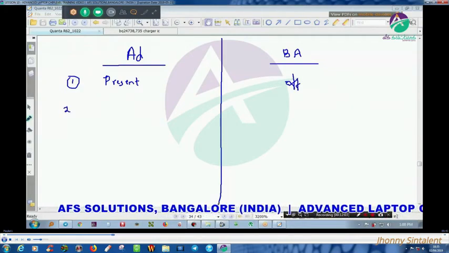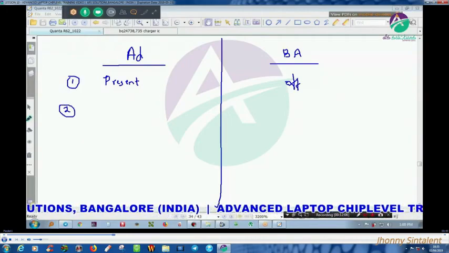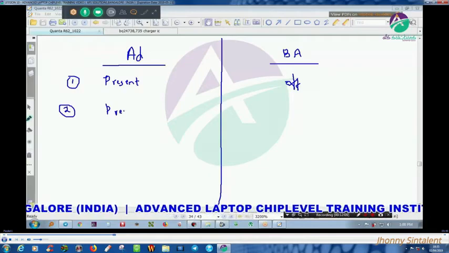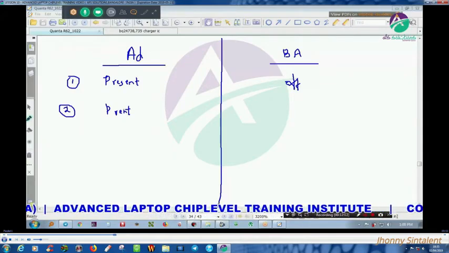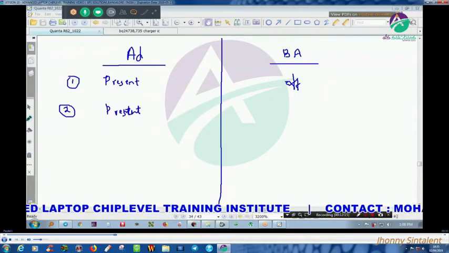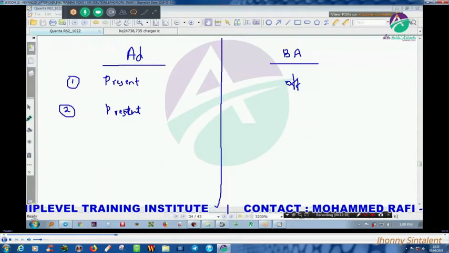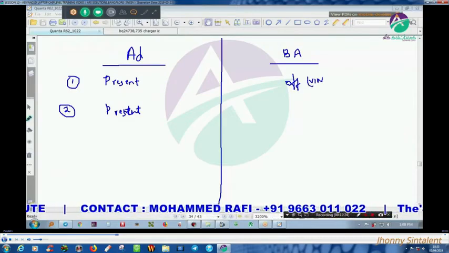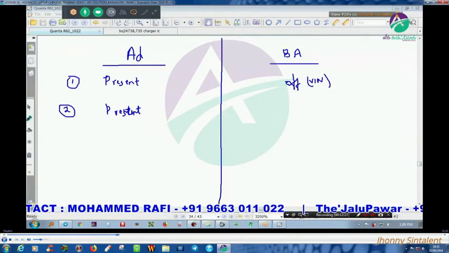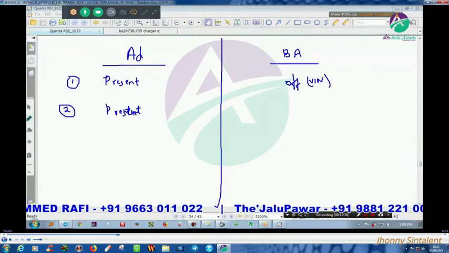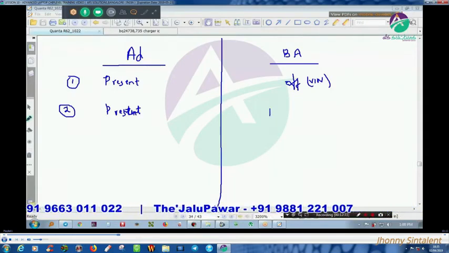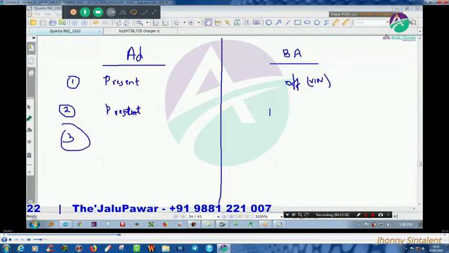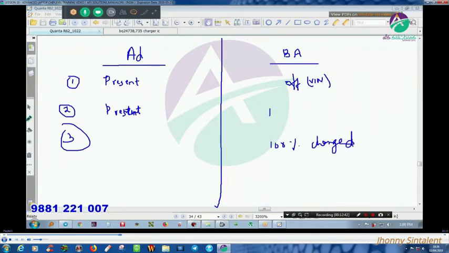Second scenario. When the adapter is present and the battery is 100% full, when the battery is charged, the charging section will go to off.